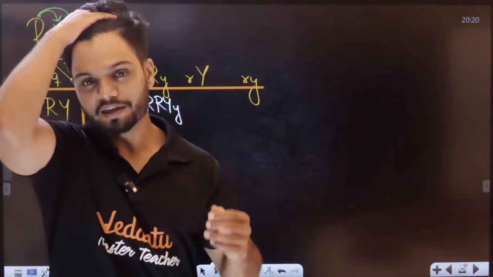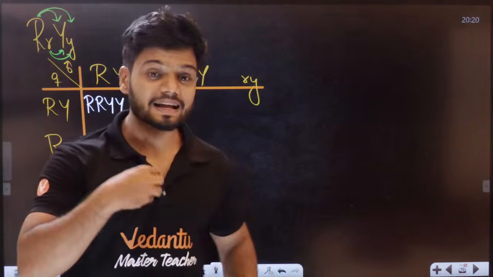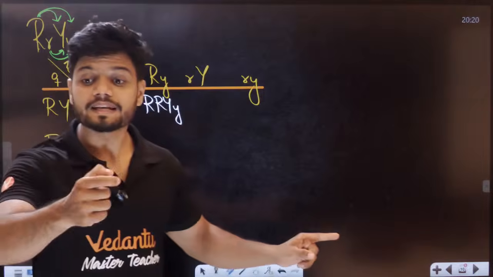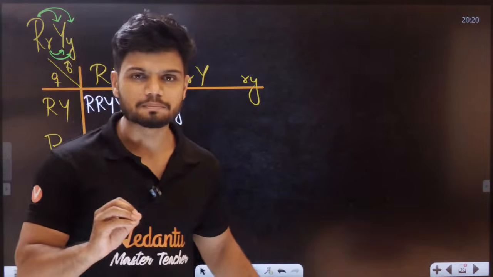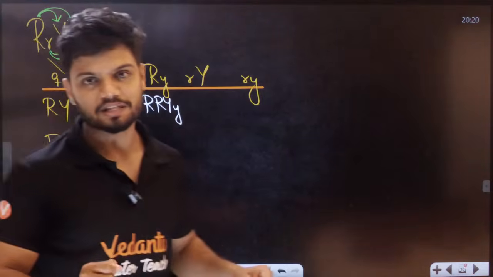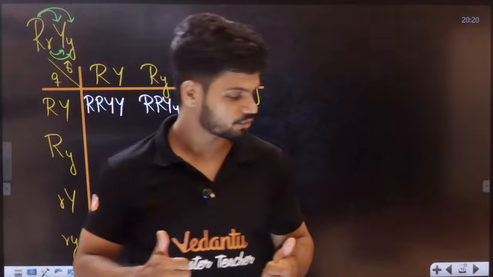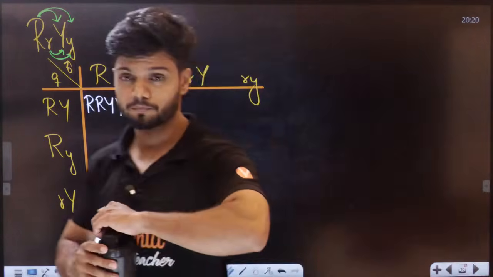Now, students, very simple game. Who will tell the answer first? Will I write the answer first here, or will you type the answer first in the comment section? Okay, shall we start? Friends, shall we start? Let me stretch a little.